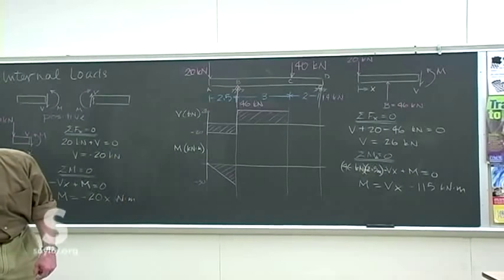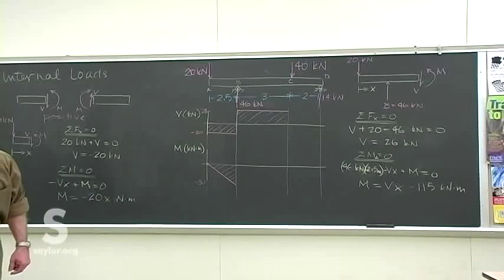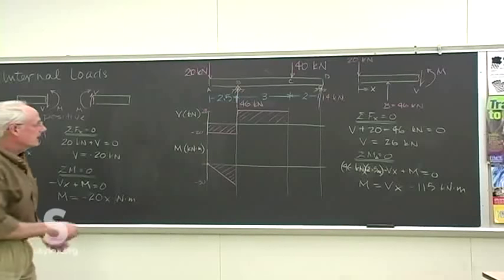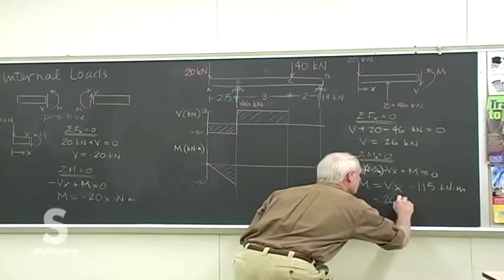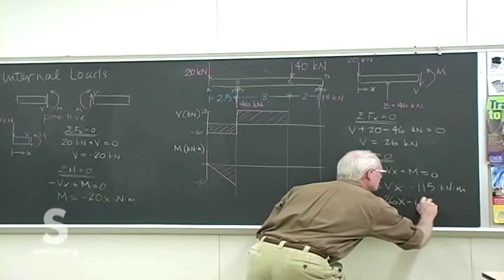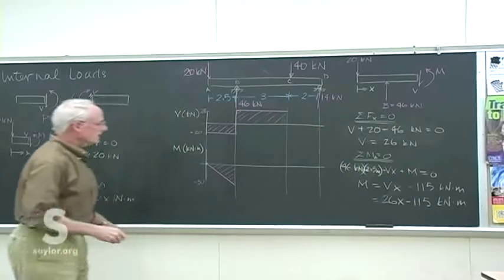And the V that we had in there is the 26. So yeah, so we're okay. 26x minus 115 kilonewton meters.